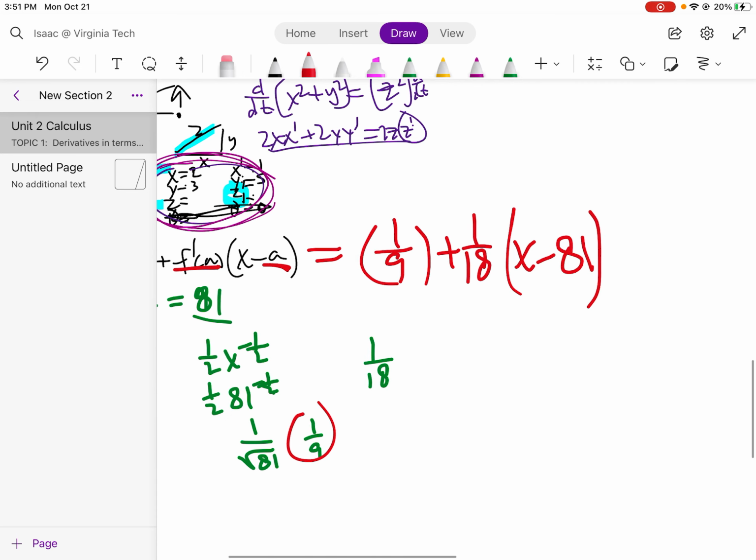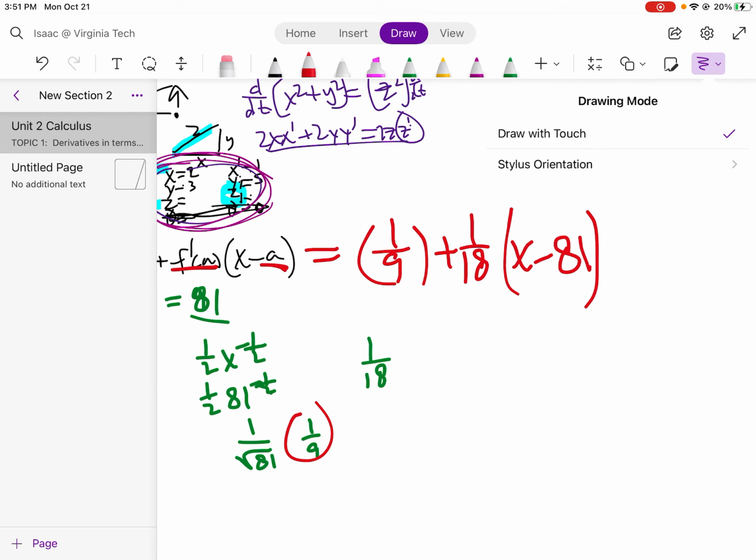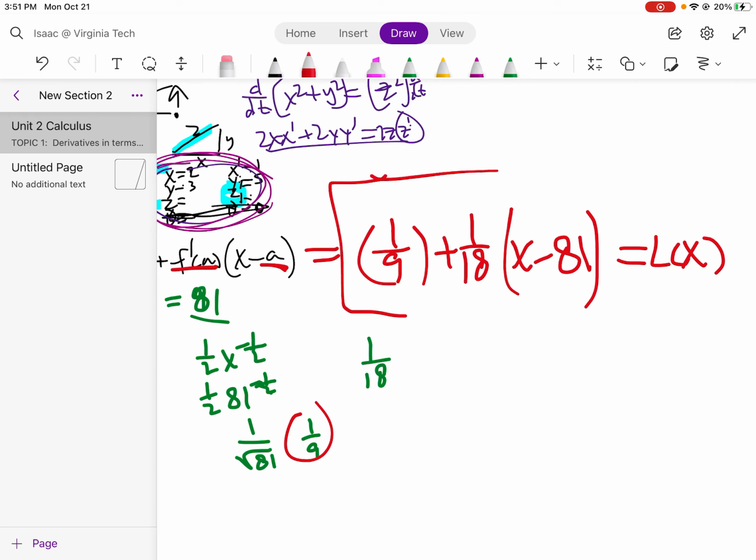And this right here is known as our linearization equation. So we can plug any value in for x, and that will tell us what it is.